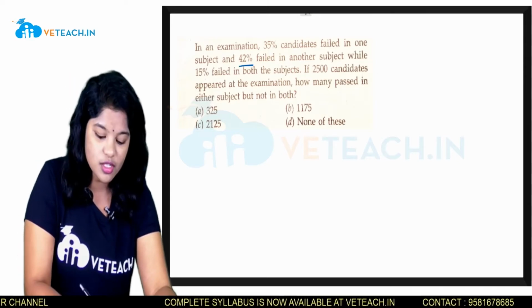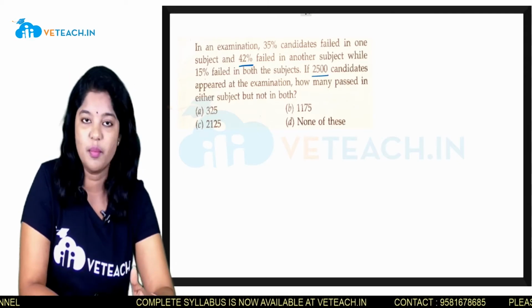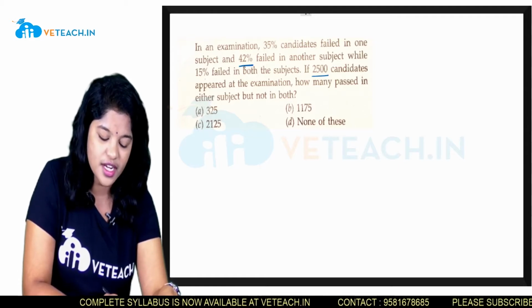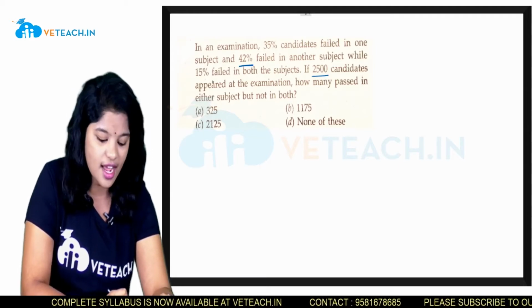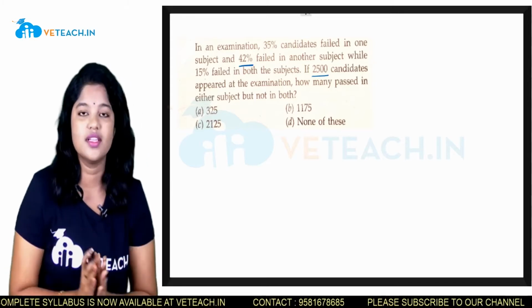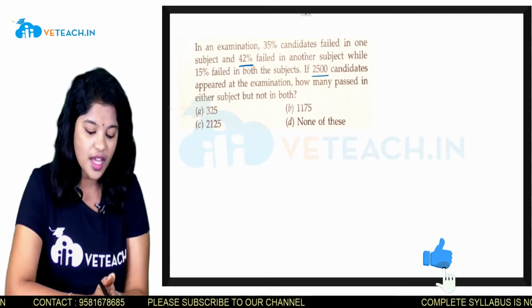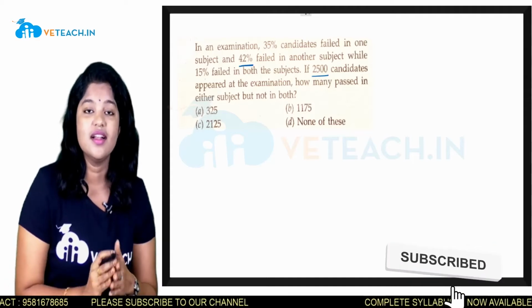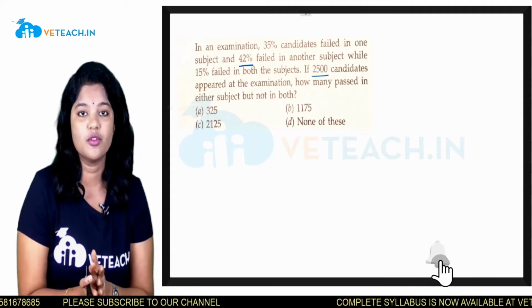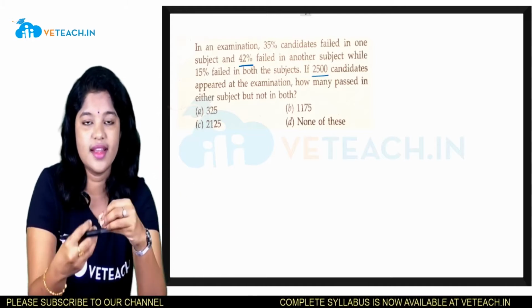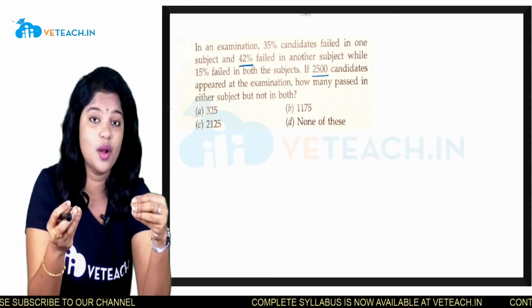So total 2,500 candidates have appeared in the exam. 35% of them failed in one subject, 42% failed in another subject and 15% failed in both subjects. Now, we have to find the number of students who passed in either examination but not both. That means the student should pass either in the first examination or the second examination, but not in both.